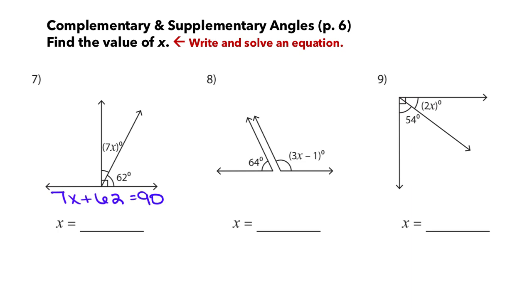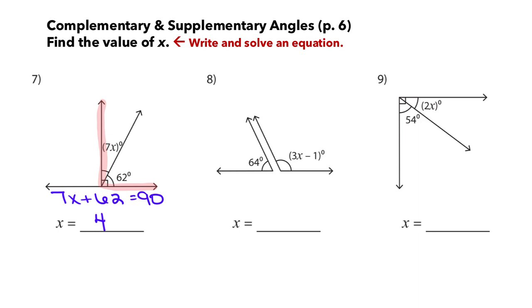Because I've had a lot of people, they see the... Because there's a box. You can tell if it's 90 degrees if there's a box. Very good. You can tell the 90 degrees with the box. When you solved it, Chase, what did you get for your value of x? 4. Very good.